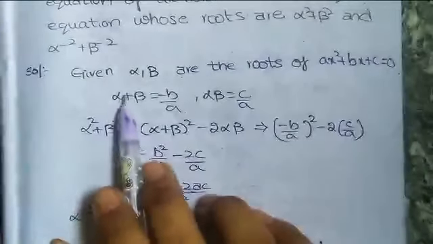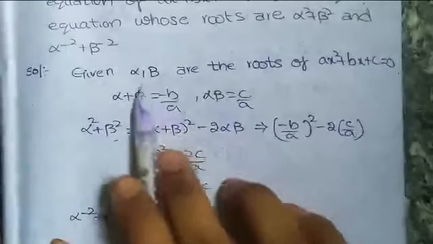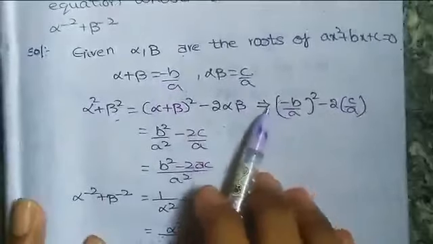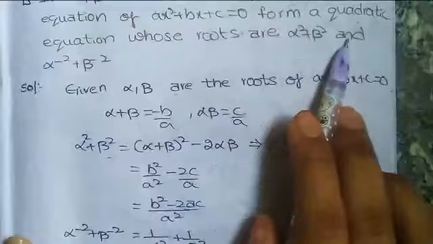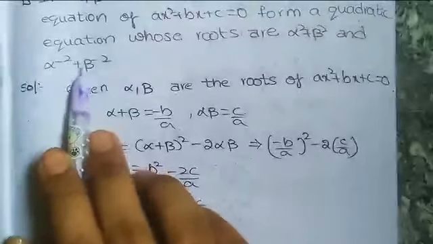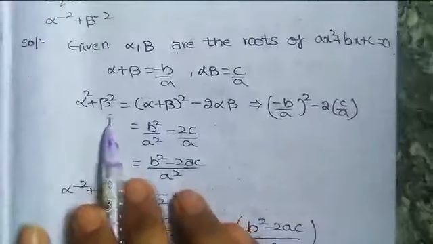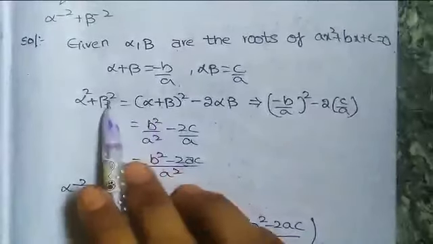Now write the sum of roots and product of roots. We already know how to write them. Now find alpha square plus beta square individually, and alpha power minus 2 plus beta power minus 2 individually. Now, alpha square plus beta square sum.